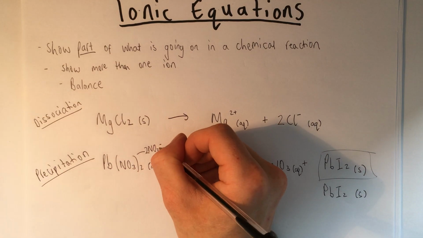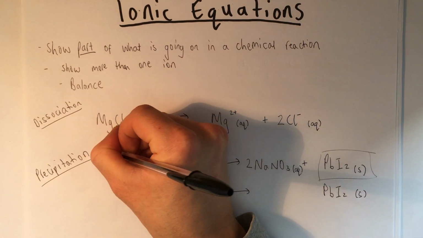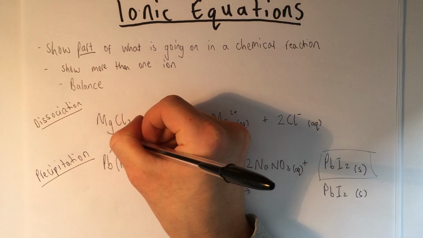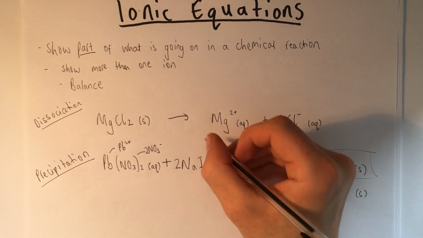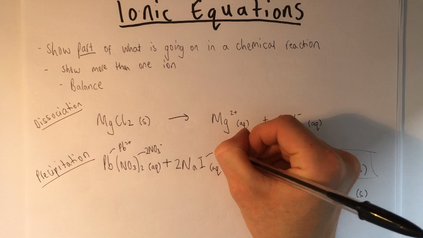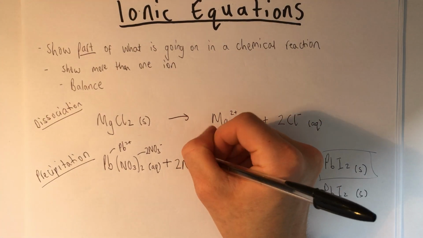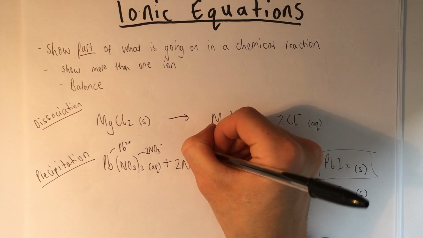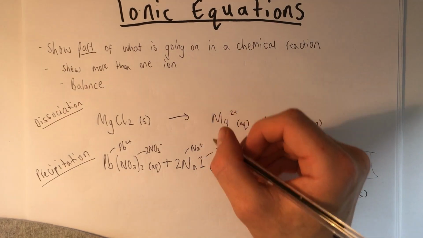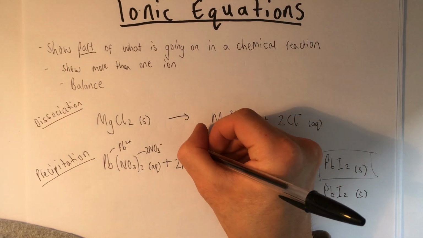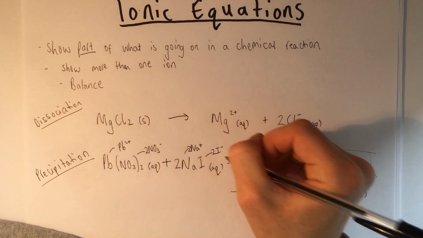If this is 1 minus and there's two of them, then the lead has a charge of 2 plus. From this one, we know that iodide has a charge of just 1 minus, and sodium has a charge of 1 plus. Again, our periodic table tells us those things. There's a big 2 in front, so I'm just going to show that there's 2 of each of those ions.